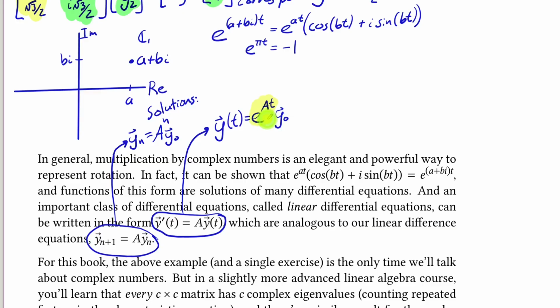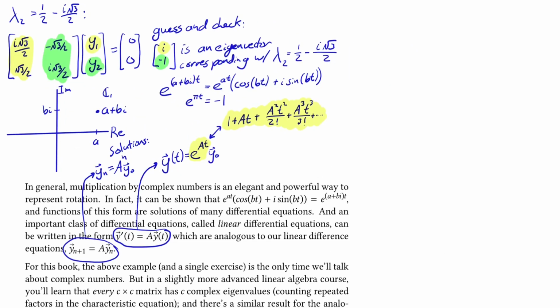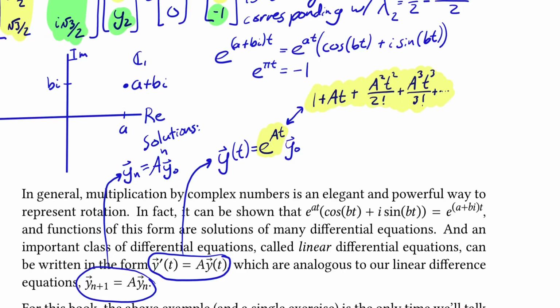Well, it turns out if you take the standard Taylor series for e to the power x and you just replace x with At, what you get is 1 plus At plus A squared t squared over 2 factorial plus A cubed t cubed over 3 factorial, and so on. It turns out this gives you a nice way to describe solutions of any linear differential equation that can be written like this.